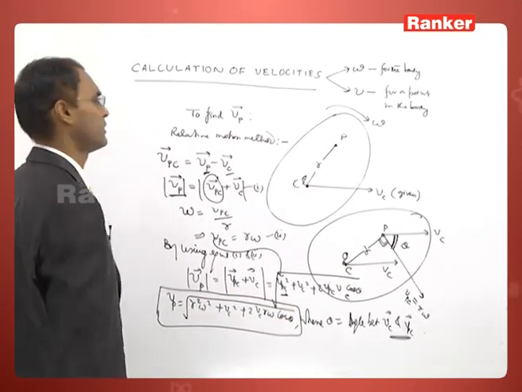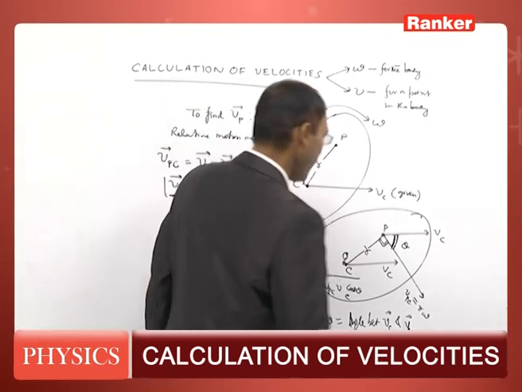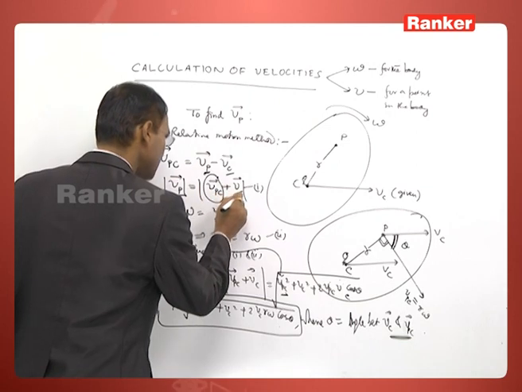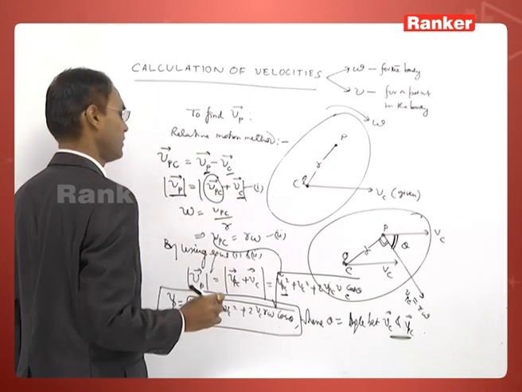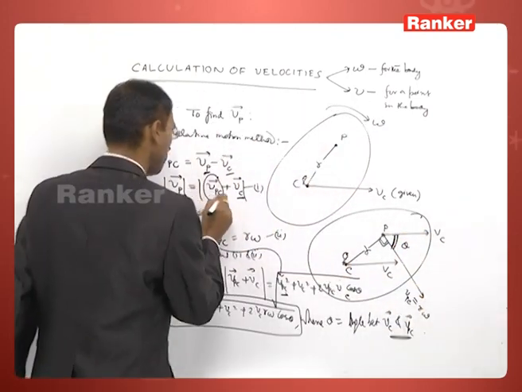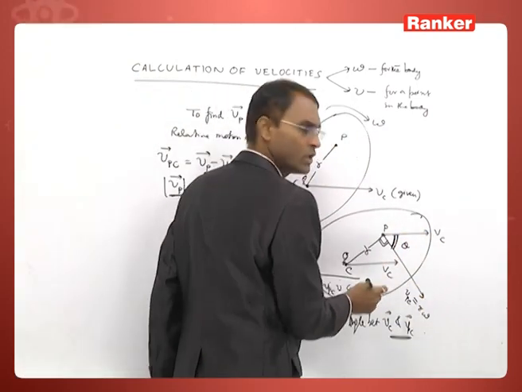This is the theory. If we add these two vectors, which vectors? Velocity of the point C, which is given, and velocity of the point P with respect to C, which is shown here.